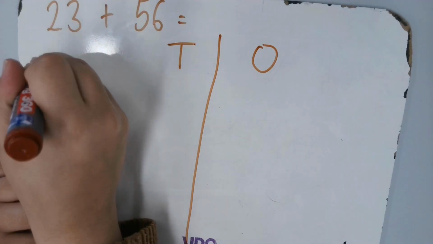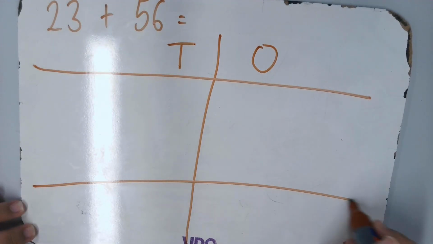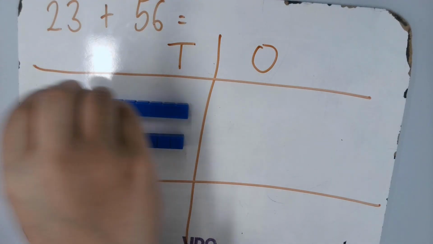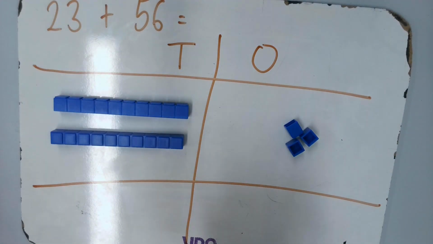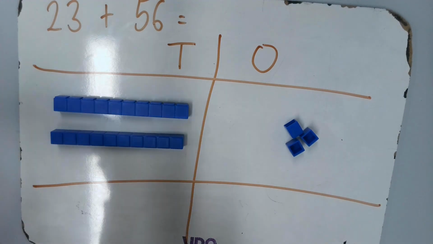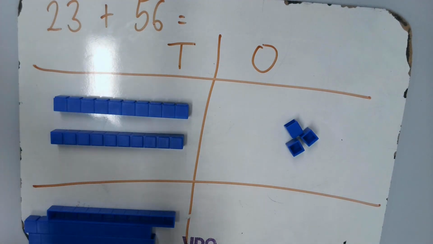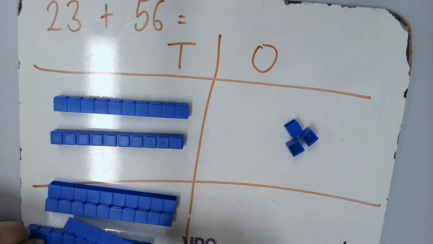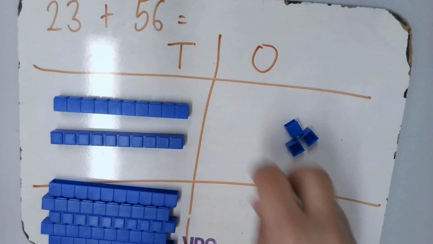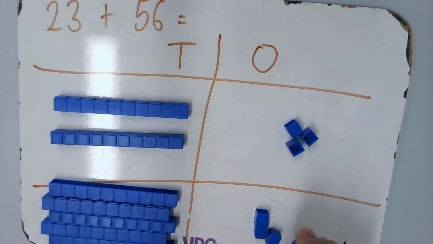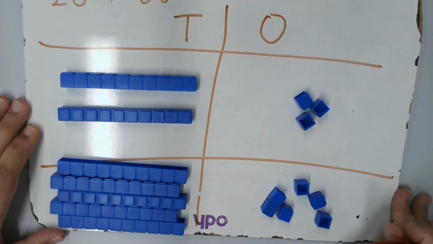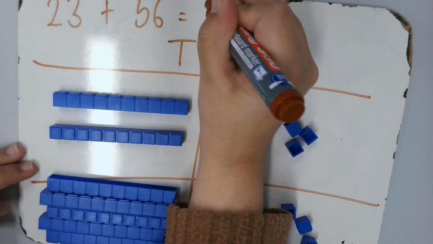If I draw my tens and ones chart, I've got 2 tens, 3 ones for 23, and I'm adding 5 tens and 6 ones. So really, what I'm doing is I'm just adding my ones and then adding my tens. We said our answer was 79.